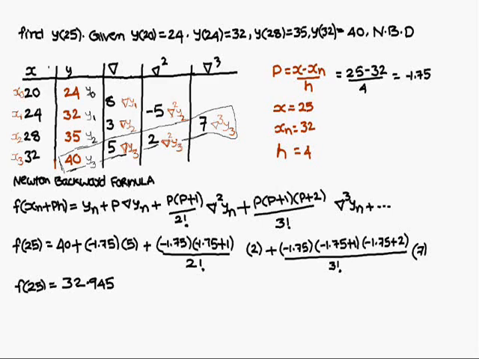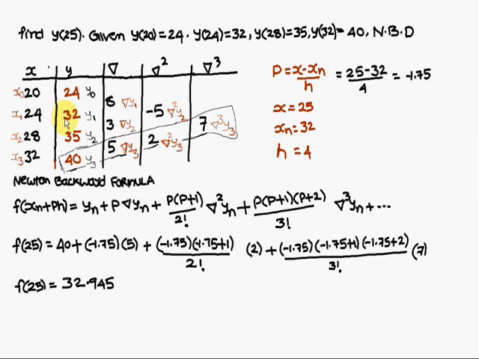If you do the simplification, f of 25 you are going to get as 32.945. Let us check whether this value is correct or not. 25 lies between 24 and 28, therefore the value should lie between 32 and 35. 32.945 means the value is correct.